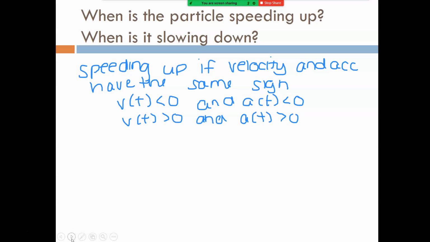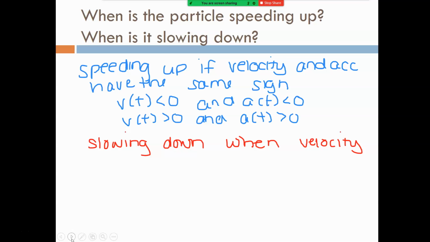So they're either both positive or both negative. A particle is slowing down when velocity and acceleration have opposite signs.